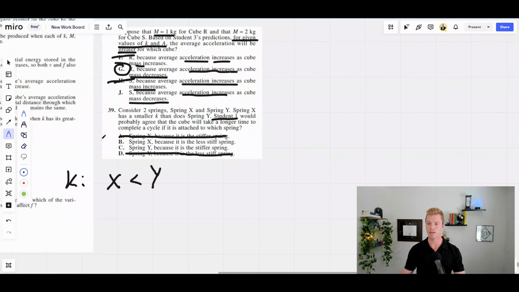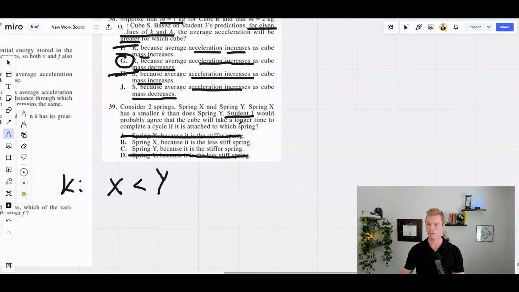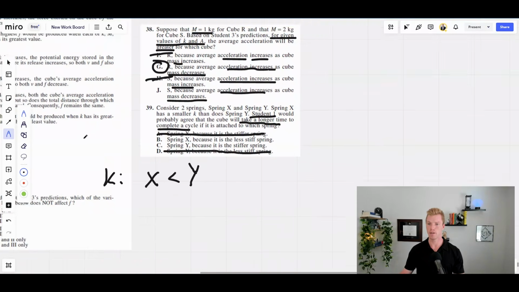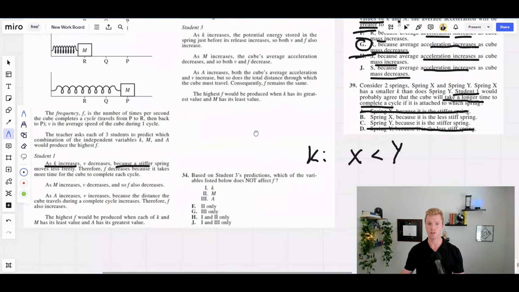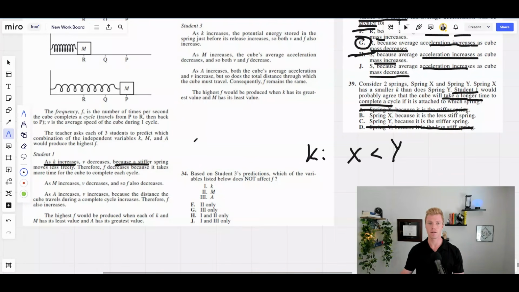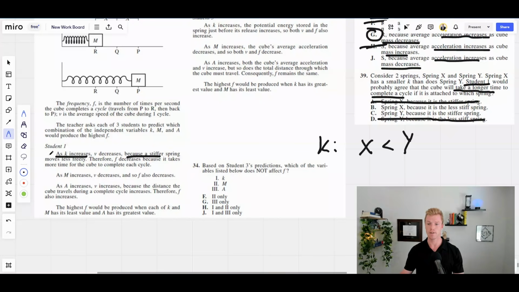And now we can look at the rest of the question. The question was asking about student 1's opinions on which one will take longer to complete a cycle. So we know there was that piece about velocity. If it's going to take longer to complete a cycle, we're probably looking for less velocity. So he says, or again, maybe it's a she, as K increases, V decreases. So V being decreased is actually good for what we want here, because we're looking for the cube that will take the longer time to complete the cycle.